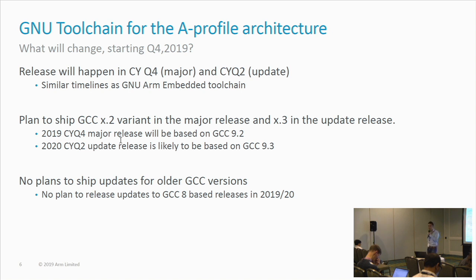So the coming Q4 release will be based on GCC 9.2, and in Q2 next year, it will be based on GCC 9.3. There's no plan to update the old version once the new version is available. So we're not going to update GCC 8 after GCC 9 is available.